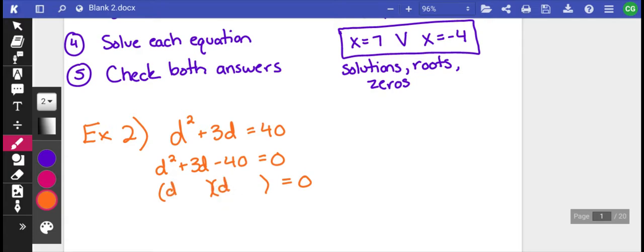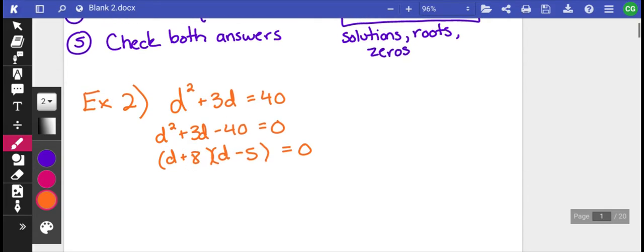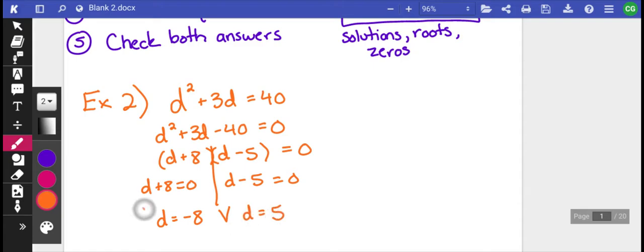I'm looking for numbers that multiply to negative 40, but add to 3. So I'm going to be thinking of an 8 and a 5. Now I'm going to break them apart and set them both equal to 0. And my solutions are negative 8 or 5, and those are both of my roots.